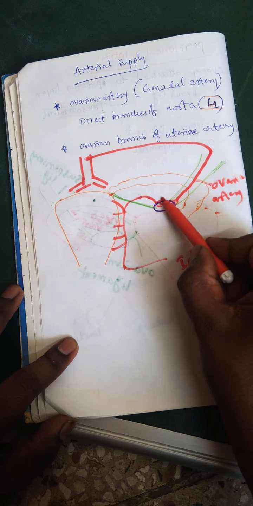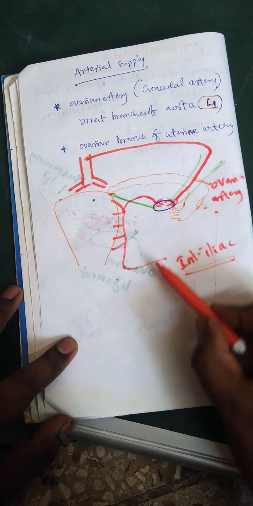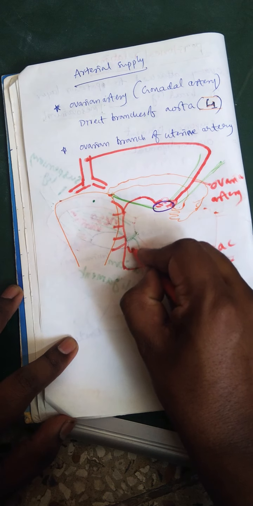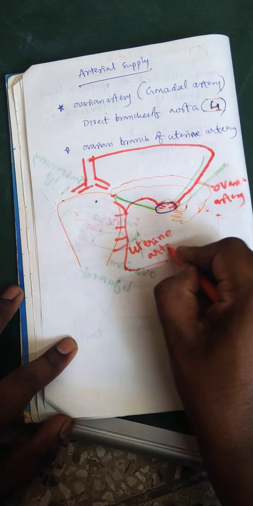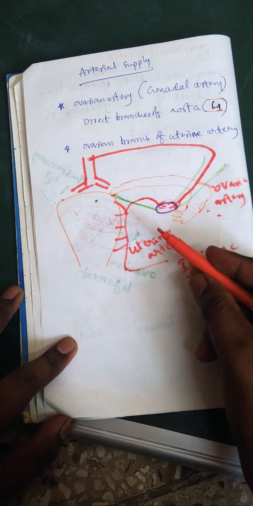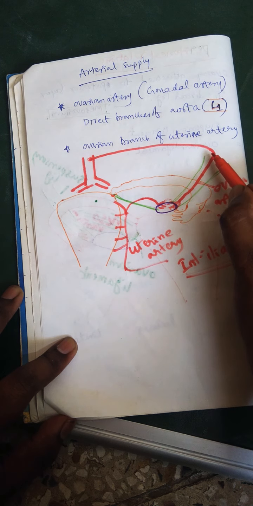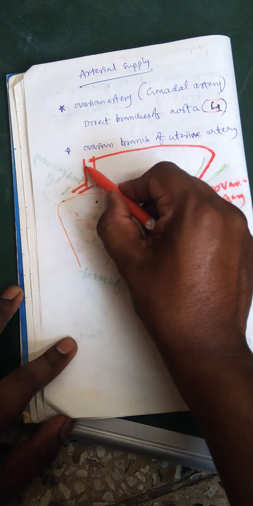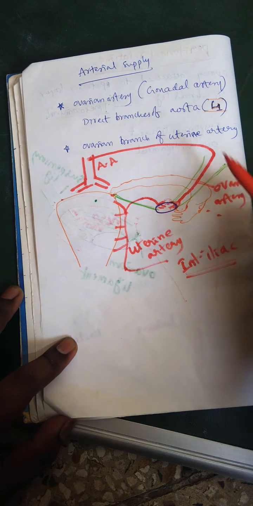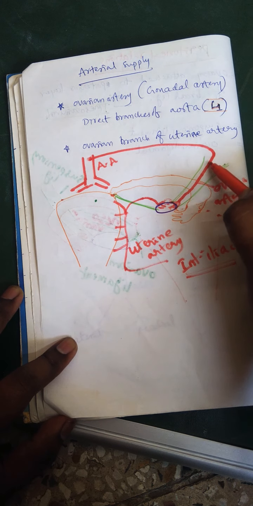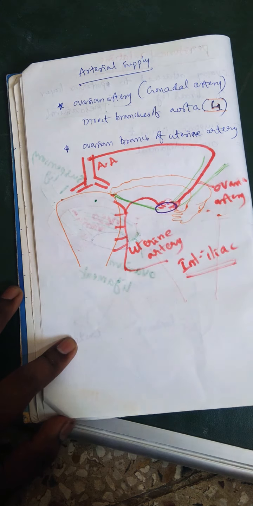So here you can find the anastomosis between the uterine artery, this is the uterine artery, and here you have the ovarian artery directly coming from the abdominal aorta. The course you have to observe here is that they enter through the suspensory ligament of the ovary.